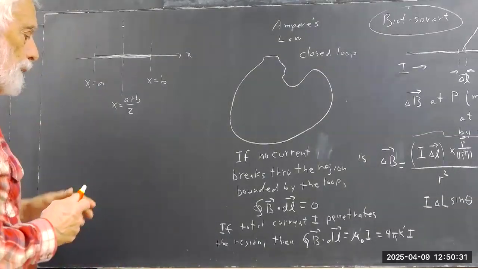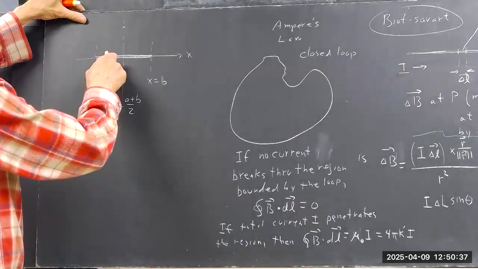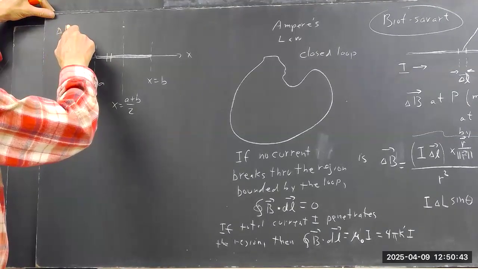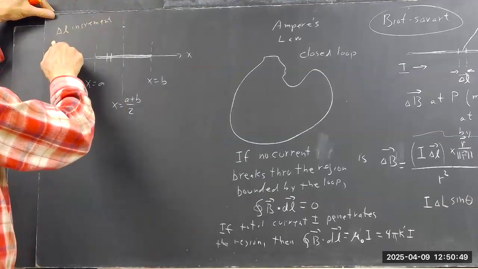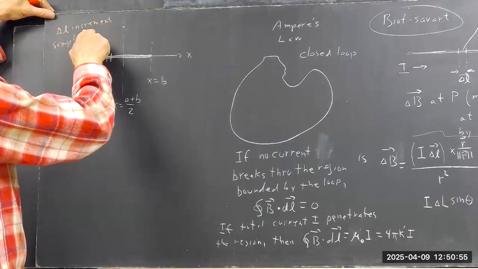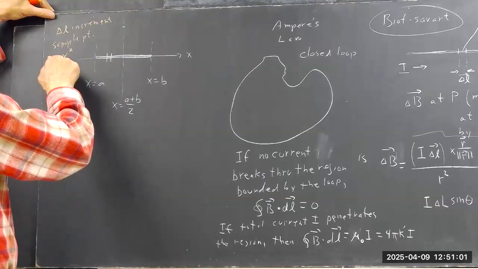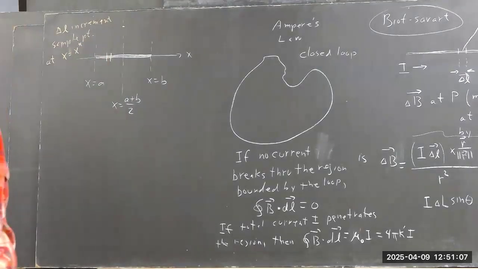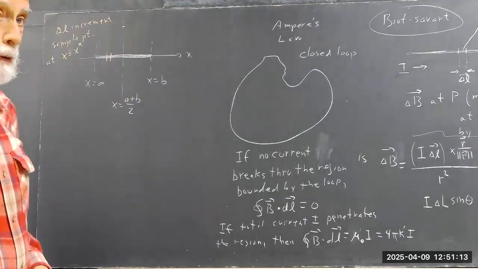Then your typical increment, sample point at x equals x asterisk, is going to contribute to the magnetic field at this point.